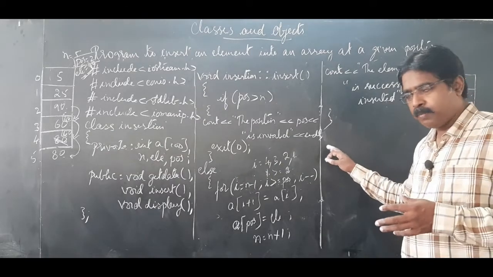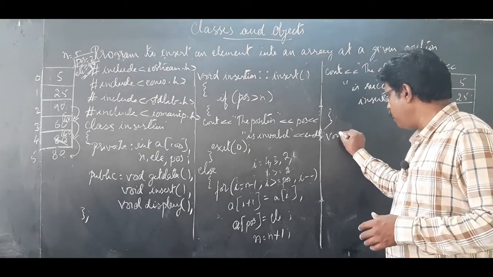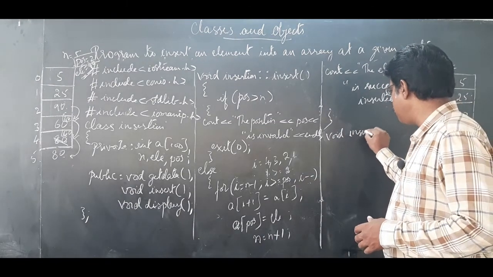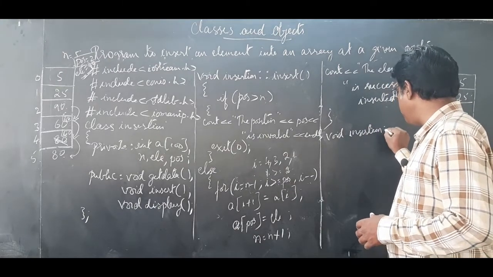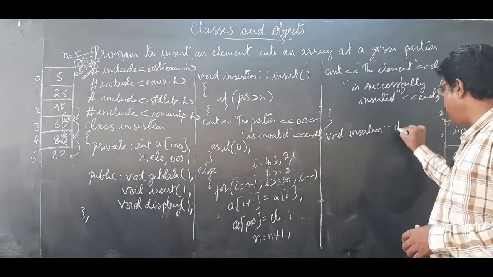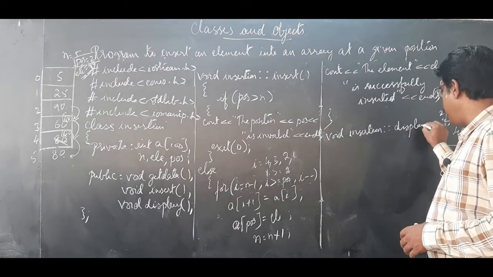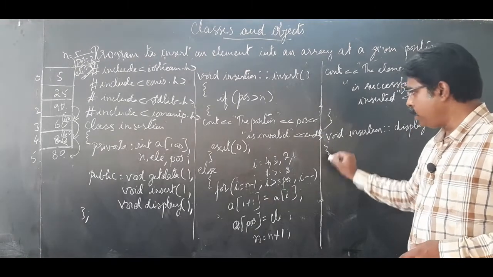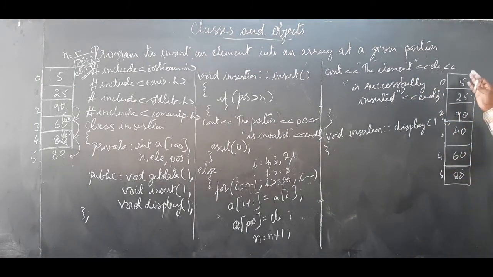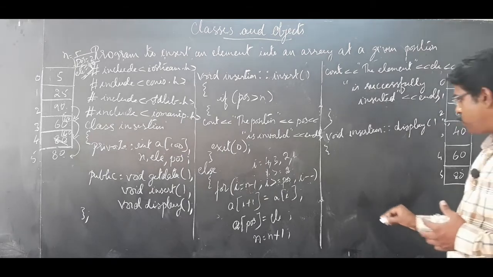The third member function is void, then the class name, insertion, scope resolution operator. Here if you see display, we take down as display. Here when we display, we need to display the whole array, the inserted array, the array having 6 elements.